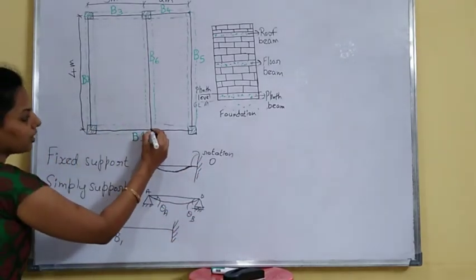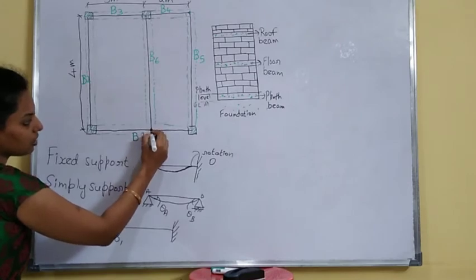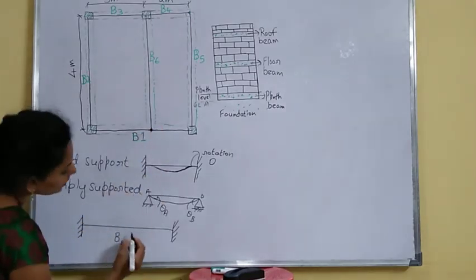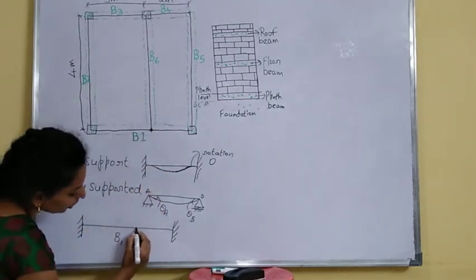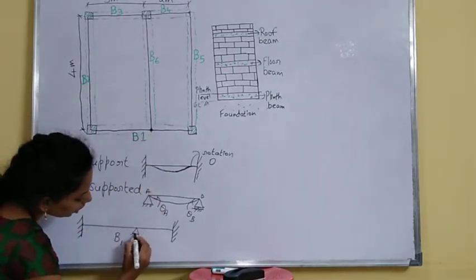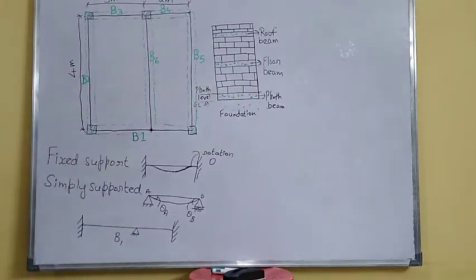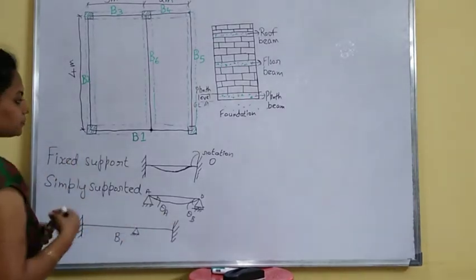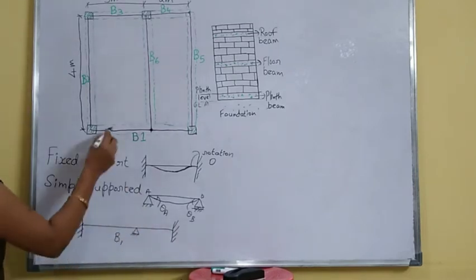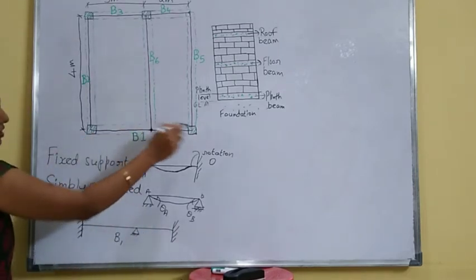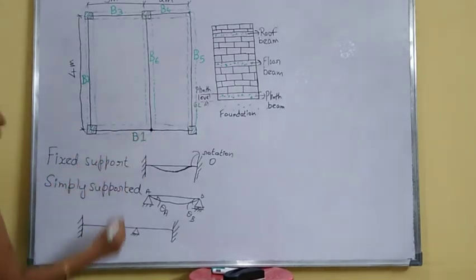And at this point there is one junction of the joint where a wall will be there. So at that point you will have a pinned or roller support. Okay. So here there will be one reaction. So this is the schematic diagram of this beam B1.